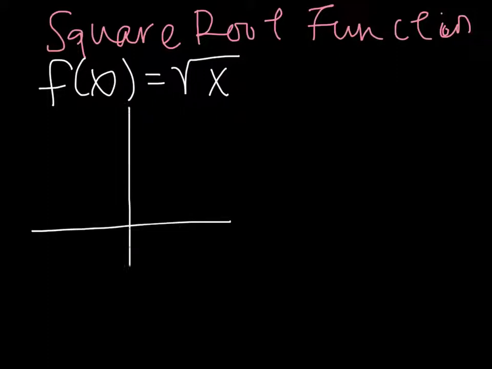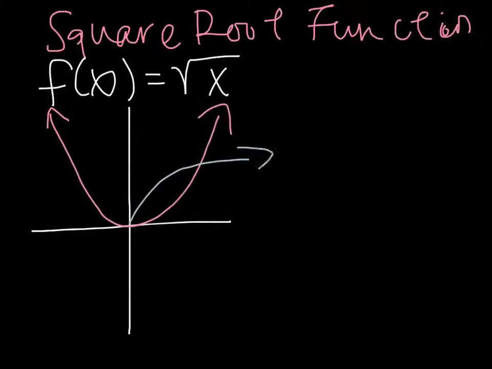With a square root function, if, say, the regular square function looks like this, the square root function would look like this. So basically you're more or less taking this part of it and you're turning it this way so that now it's there.